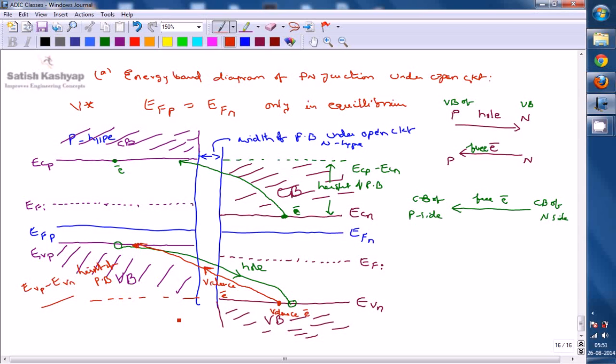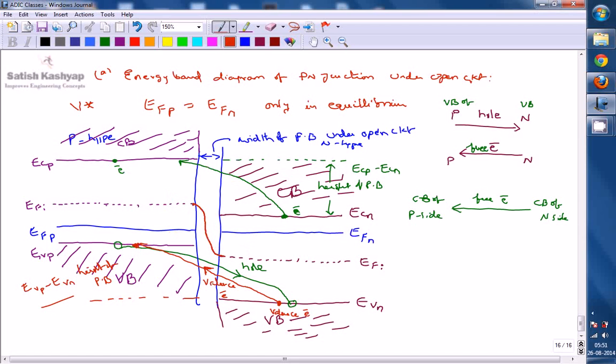Since ECP and EVP are constants for the P side, and ECN and EVN are constants for the N side, their middles are also constant, that is nothing but EFi on the P side as well as EFi on the N side. So the difference between ECP and ECN will be the same as EVP and EVN, and the same as EFi of P side to EFi of N side.